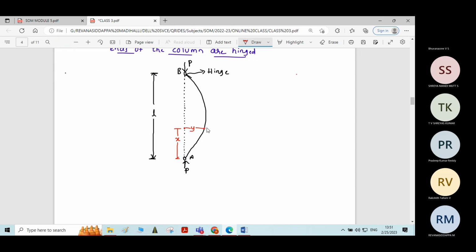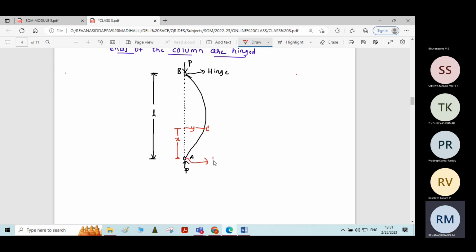So this point we will call point C. Understood? At a distance x from end A, y is the deflection of the column.